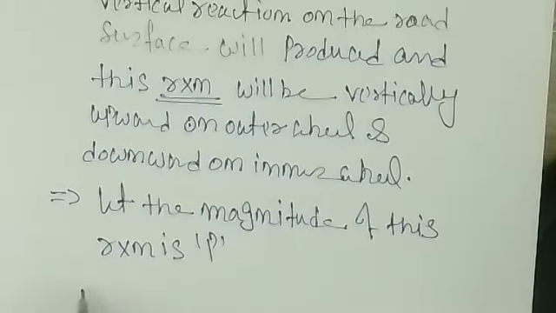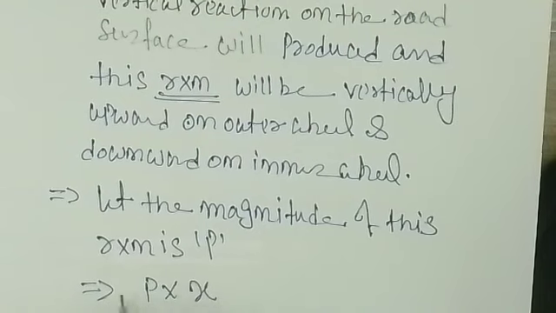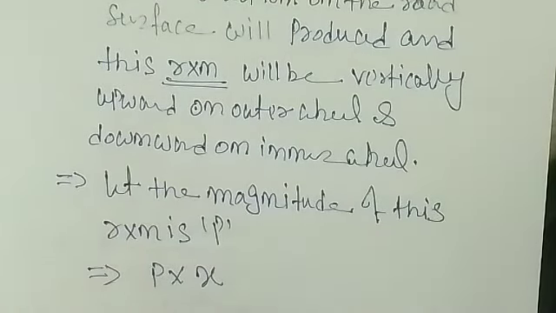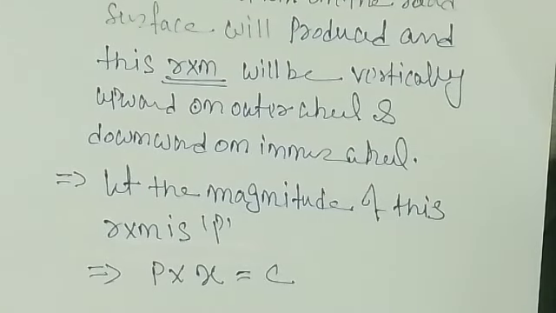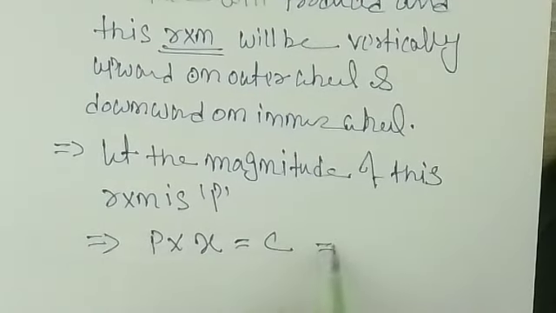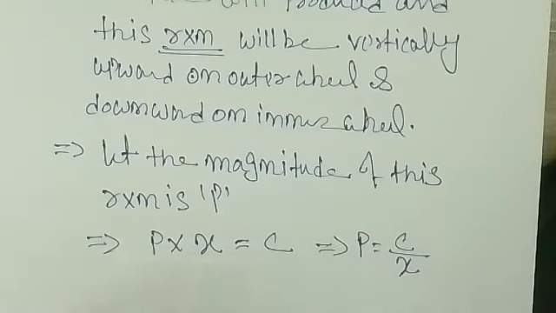First of all, we can say C is equal to P into x, that is P is the reaction, nothing but the force, and force into distance, x is what? Width track. That will give you the net gyroscopic couple due to the wheel and engine rotation. So if I want to know the magnitude of P, P is equal to C by x, very good, right?